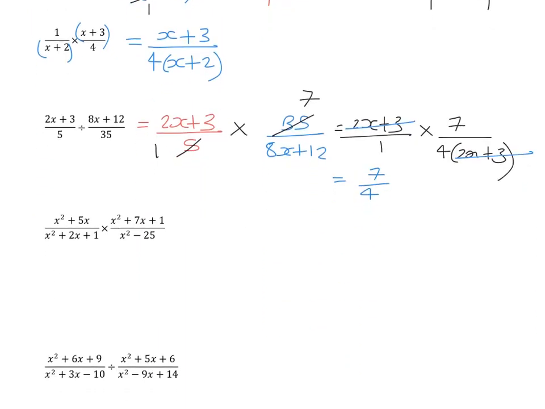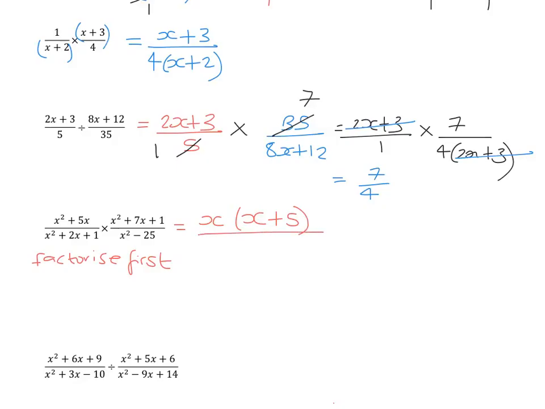What happens when quadratics are involved? Well, the key thing is to factorise first. Don't be tempted to cross out x squareds and try and cancel x's or cancel numbers. You have to factorise first of all. If we do this, x squared plus 5x factorises to x, x plus 5.